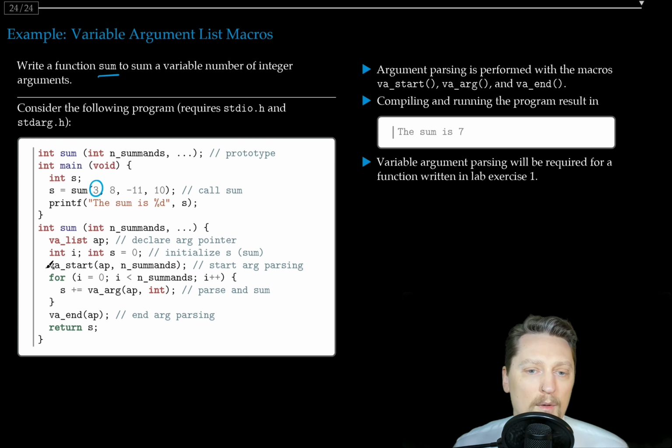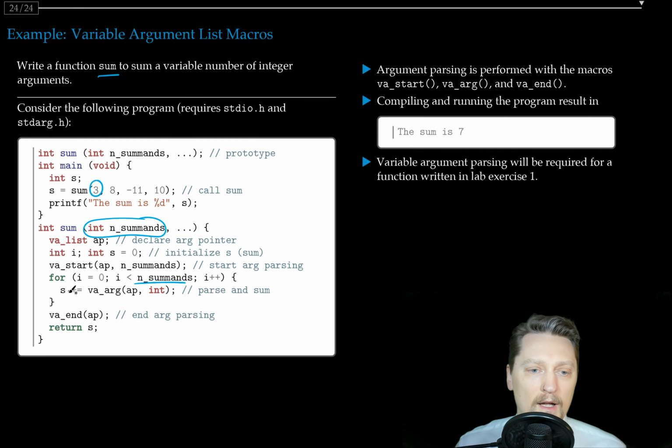Okay, va_start. We're going to start our argument parsing. Now we're going to do a loop, and in order to know when to stop, this is where our one named argument, n_summands, is going to come in handy. So we're going to loop n_summands times, starting i at 0, going to n_summands minus 1, for i in increments of 1.